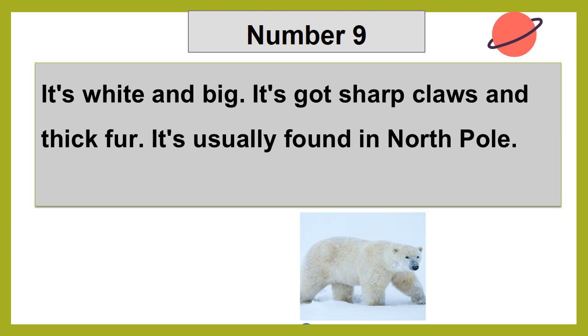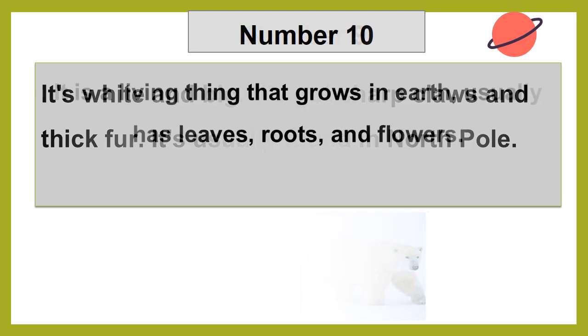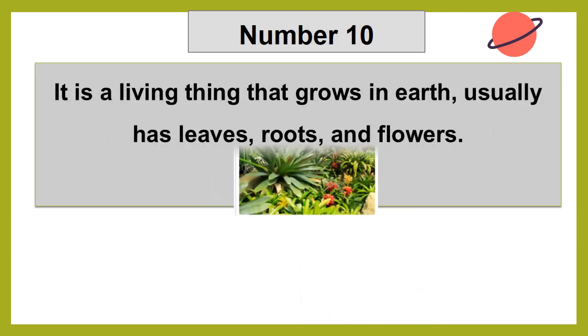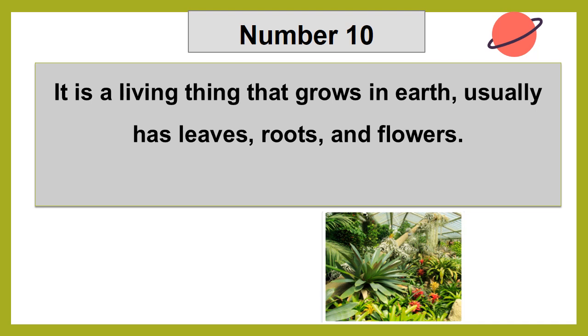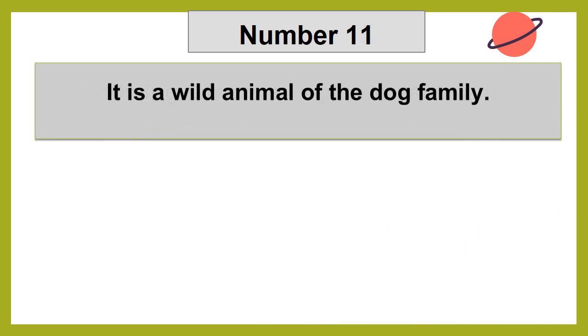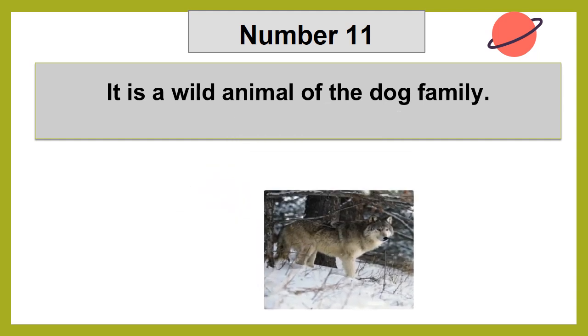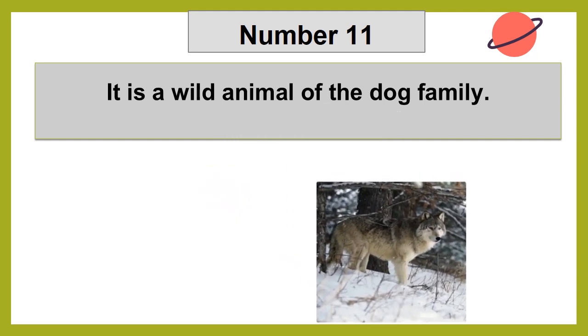It's usually found in the North Pole. Number 10. It is a living thing that grows in earth. Usually has leaves, roots, and flowers. 11. First, it is a wild animal of the dog family. Can you guess?